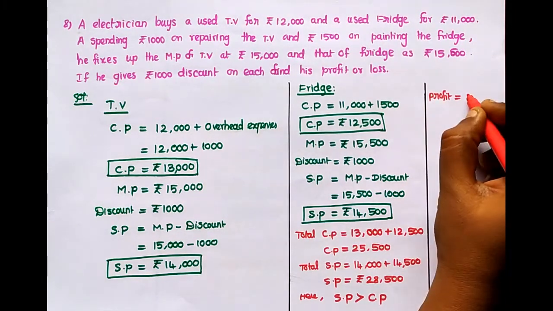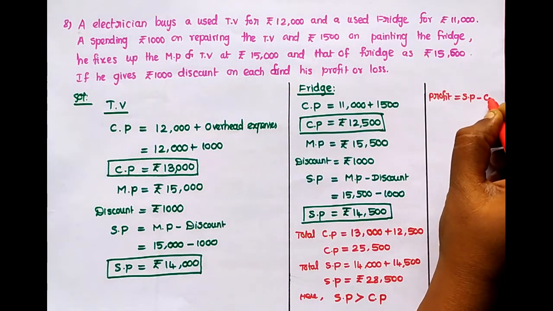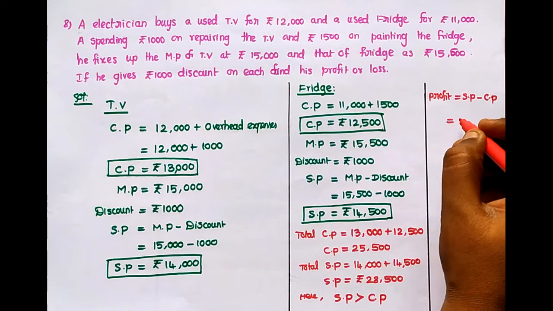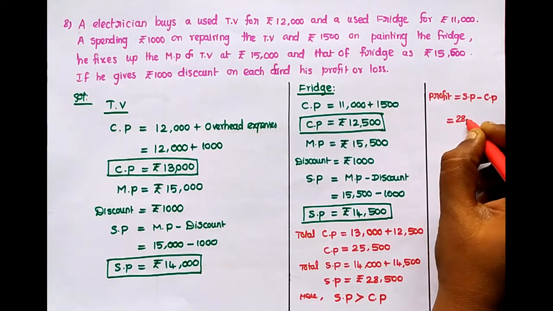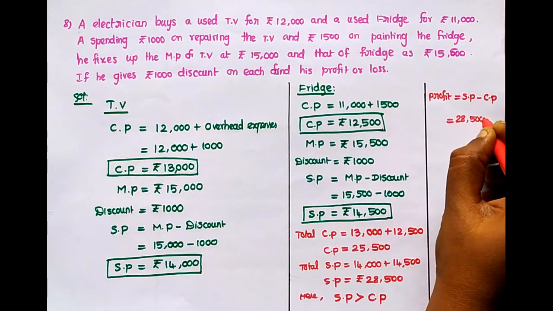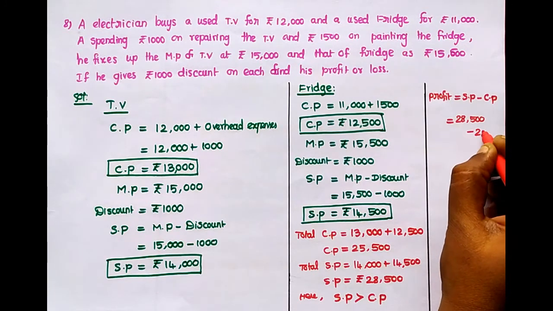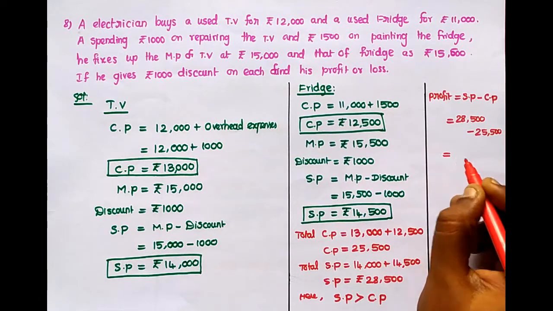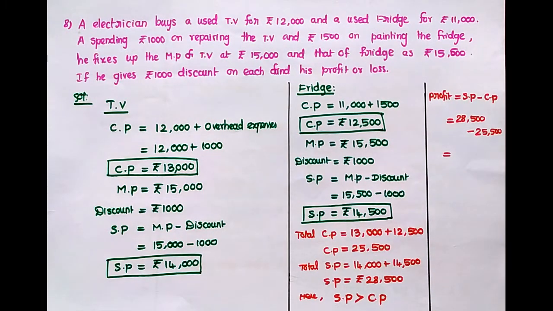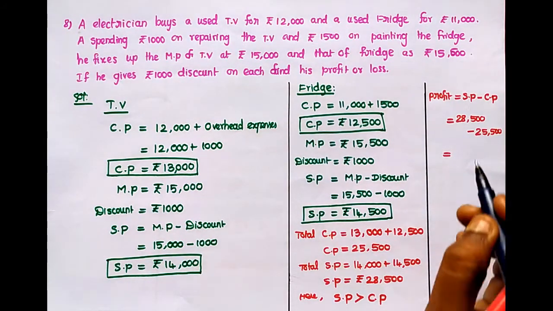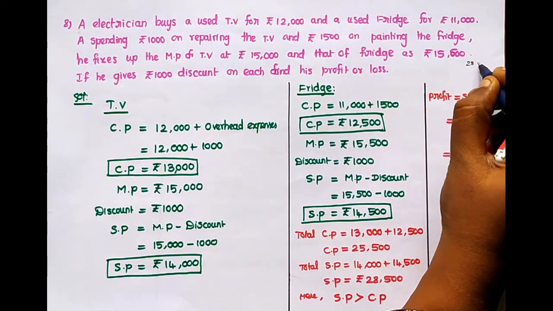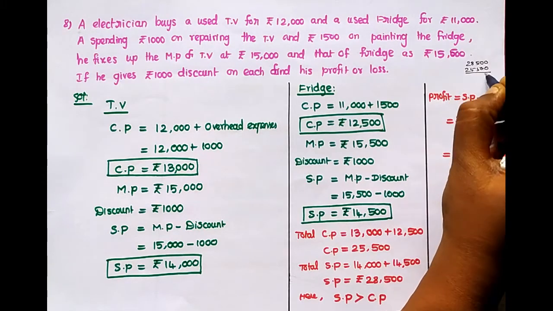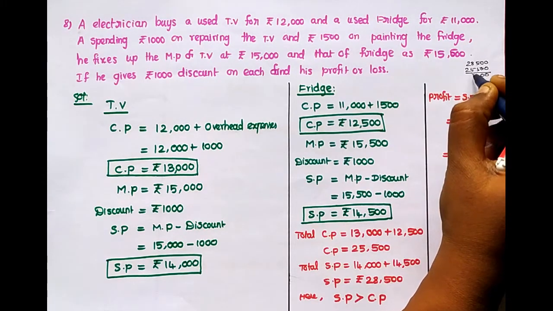Profit equal to selling price minus cost price, that is equal to 28,500 minus 25,500 means 3,000.